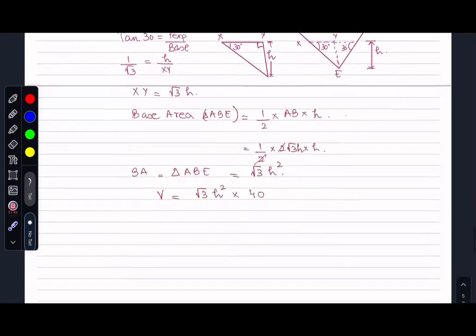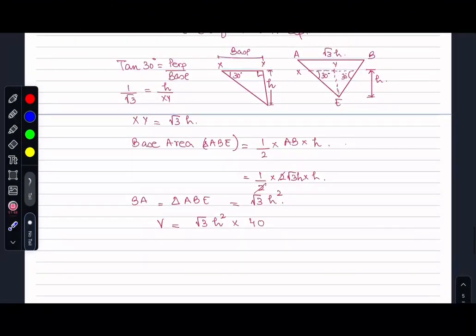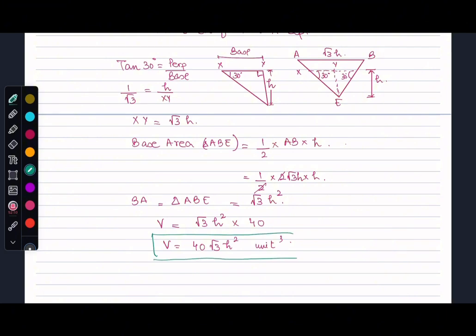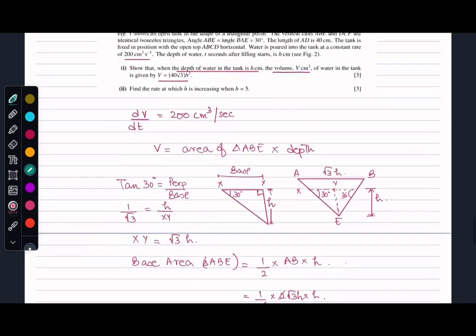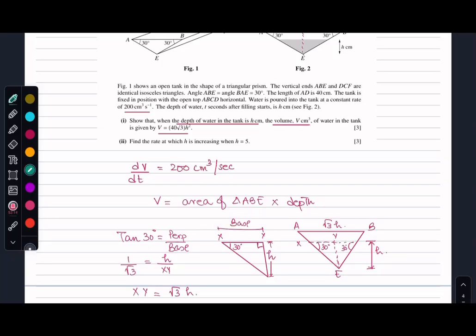If I just substitute the base area as square root of 3h squared multiplied by the depth, then the volume here is going to be 40 square root of 3h squared unit cube. So this is what the question asked us to show, that the volume in terms of h can be given as 40 square root of 3h squared, and we have shown this here.